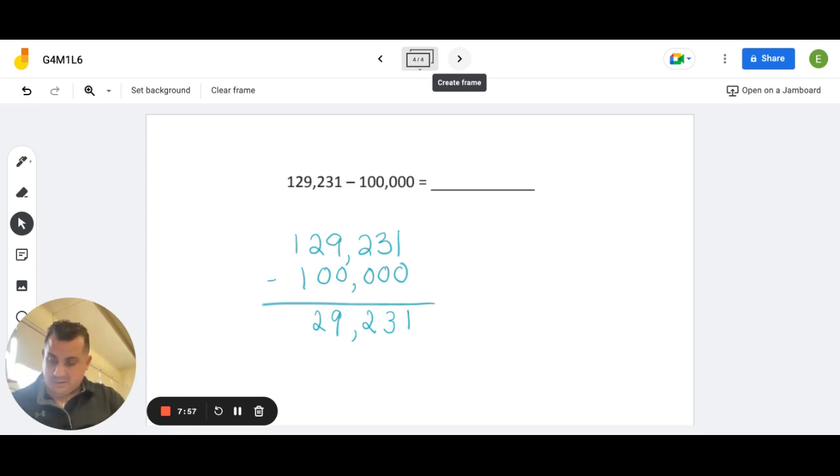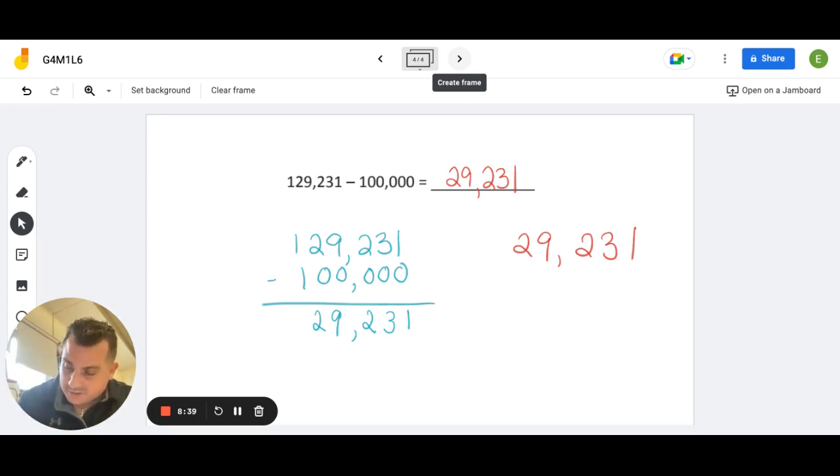So we have 29,231. So when we had our original problem, 129,231, and I'm subtracting 100,000, I only had 100,000. So really what we just did was we chopped it off and got 29,231.